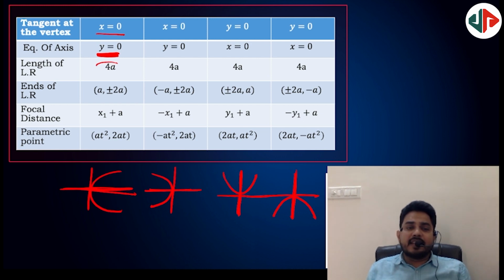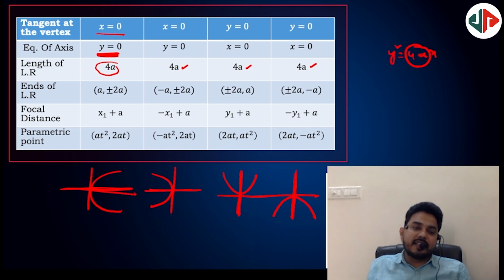The length of the latus rectum is simple. For y square is equal to 4ax, whether plus or minus, the length of the latus rectum is 4a. The ends of the latus rectum: if the focus is a comma 0, the ends are a comma 2a and a comma minus 2a.